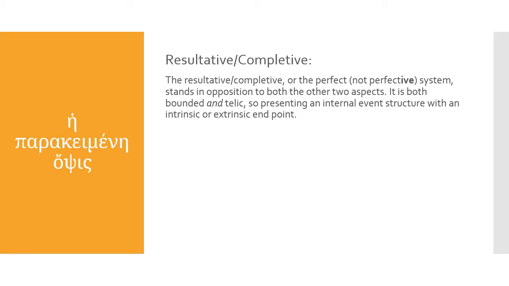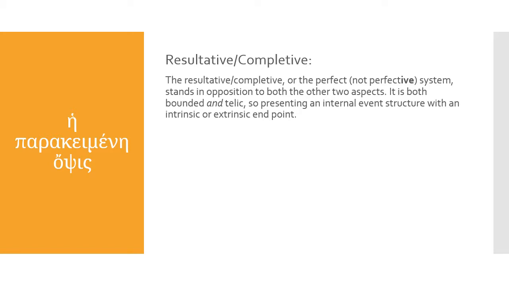It is both bounded and telic. So it presents an internal event structure with an intrinsic or extrinsic endpoint. That's a lot of linguistic talk, and this is drawn quite directly from Aubrey. It's bounded, that is, you've got the sphere going on, but it's also telic.